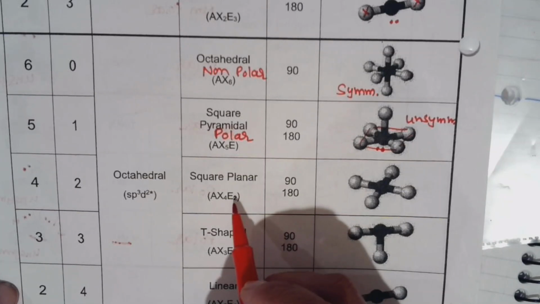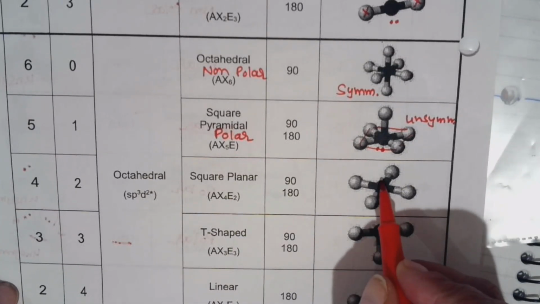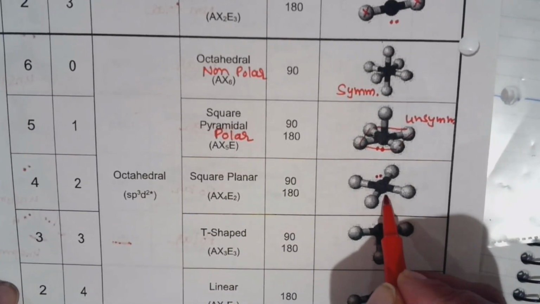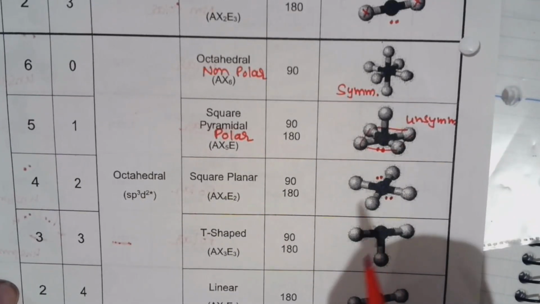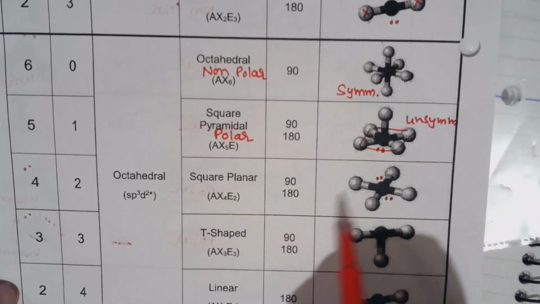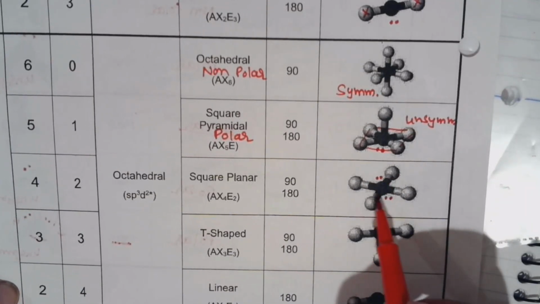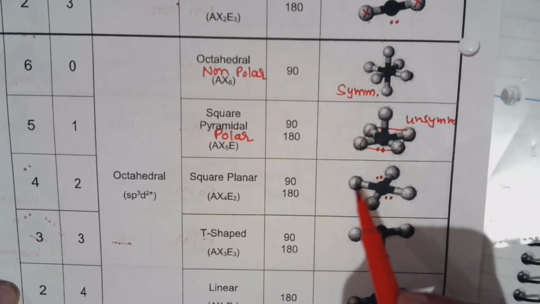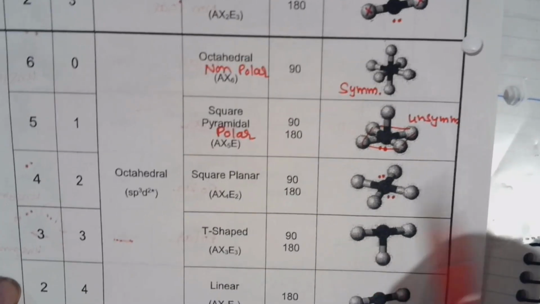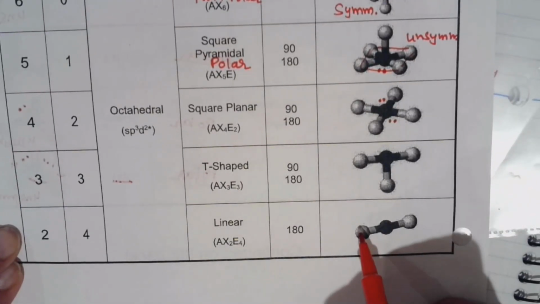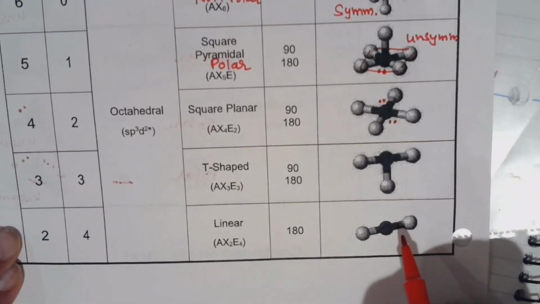Square planar with 2 lone pairs, one on top and one on the bottom, right, is also non-polar because we have a symmetry here, right? T shape is polar and linear depends on the type of the atoms, right?